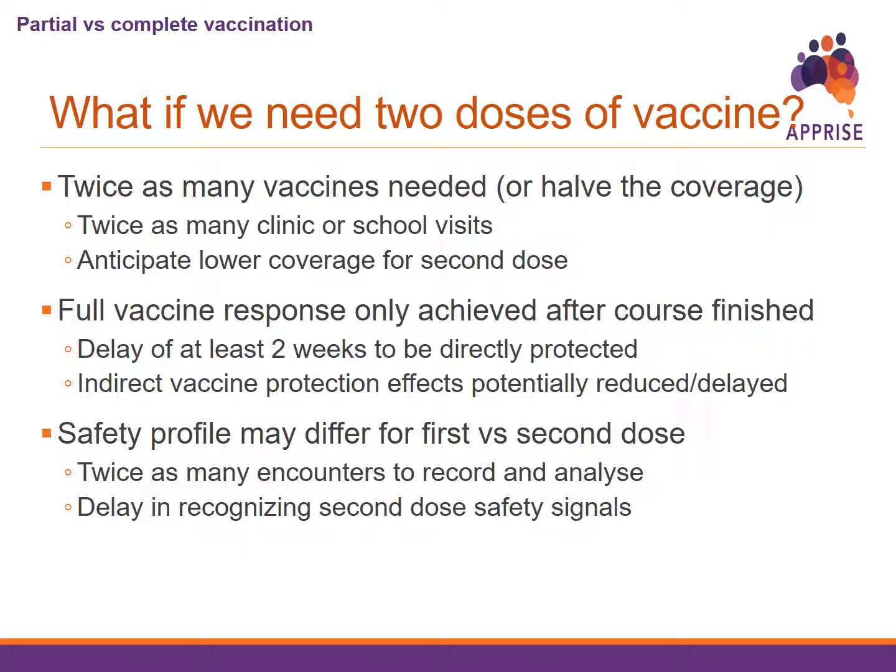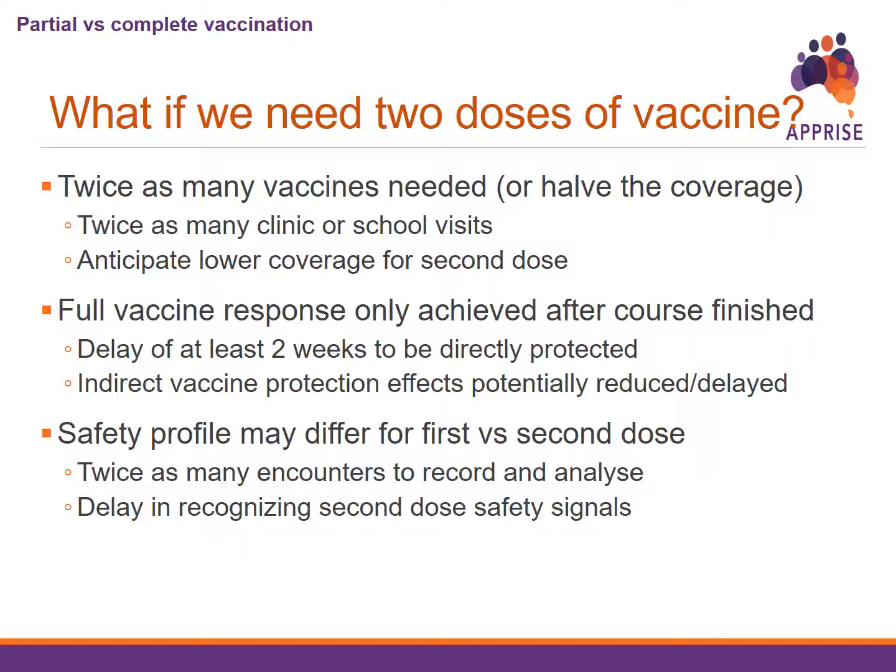Full vaccine responses are only achieved after a course of immunisation is finished, and if that requires 2 doses, it's likely there'll be a delay of at least 2 weeks to be directly protected. This means that indirect vaccine protection effects will also potentially be reduced or delayed.